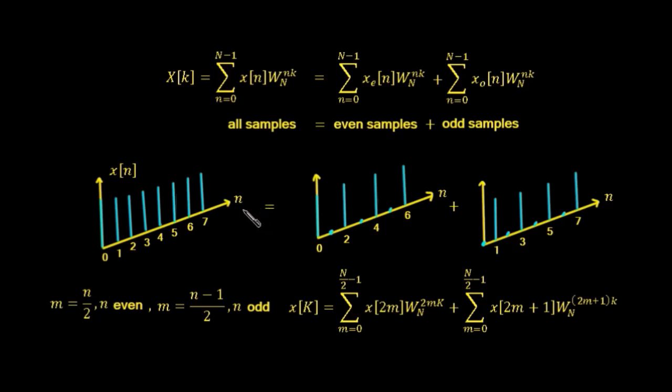What we'd like to do is change the index here from n to a new index, which would be n upon 2. So that's this axis here decimated in time, so in effect split into 2. So we call the new index m, and we say m is equal to n upon 2 for all values of n that are even. So in this example, if we take the even components, and if we have, say, the value 2 here, then m is going to equal 2 upon 2, which is 1.